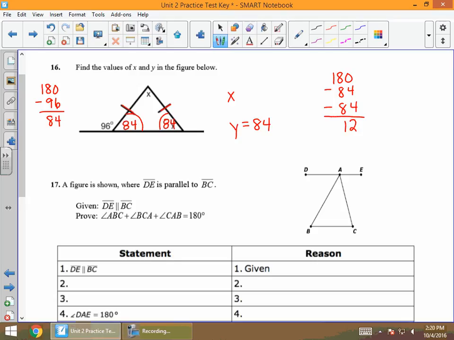So x is 12 degrees. That way, 12 plus 84 adds up to 180. Also, I could say 96 equals x plus 84, because an exterior angle is equal to the sum of the remote interiors. And I could have subtracted 84. 96 minus 84 is also 12.